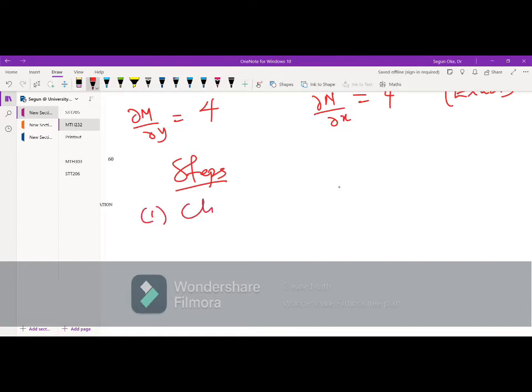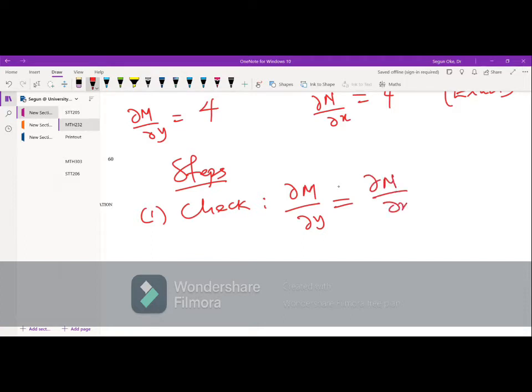Number 1, check exactness, which is dM/dy equals dN/dx. You need to first of all check this one. After you check this one, number 2 is to now identify.